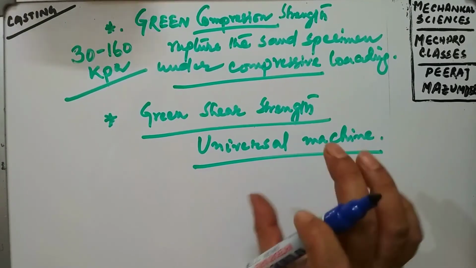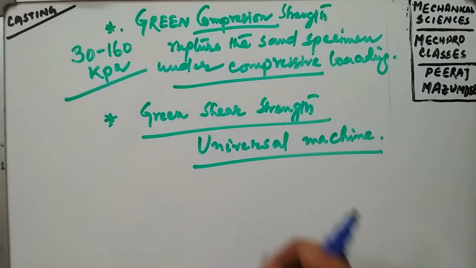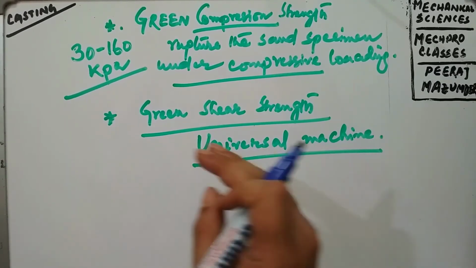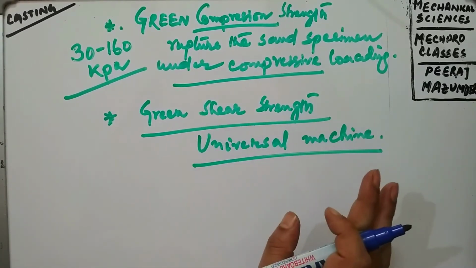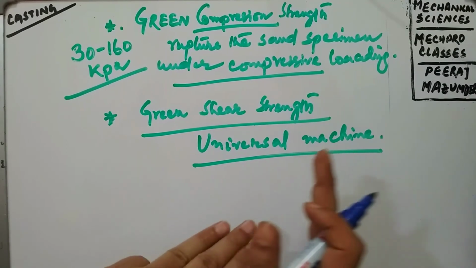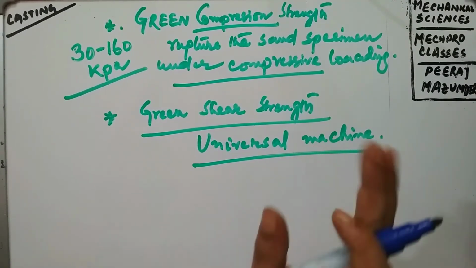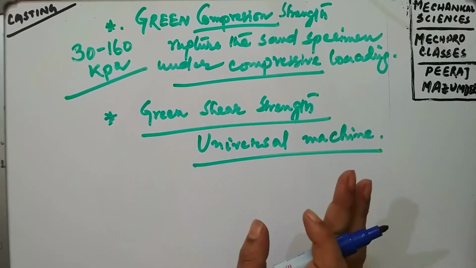You put the sample in this universal machine, and you will directly get the green shear strength as well. Now you just need to know the range of the strength, that is mainly required for your examination purposes.